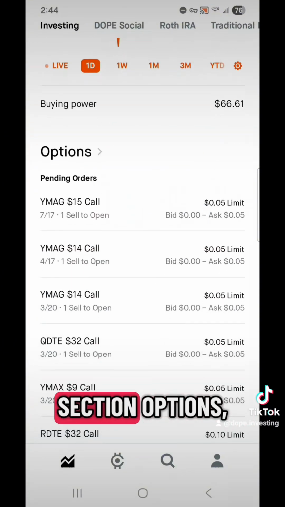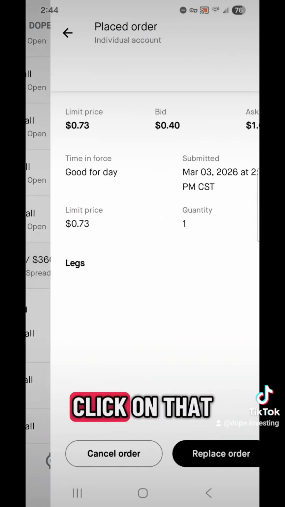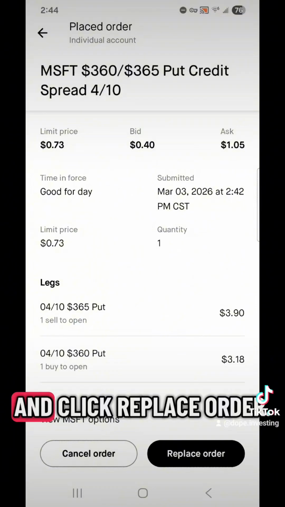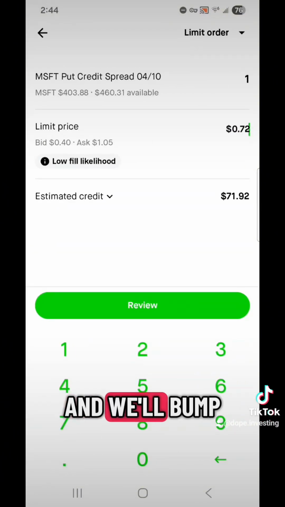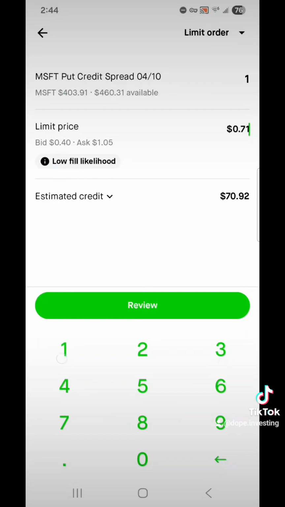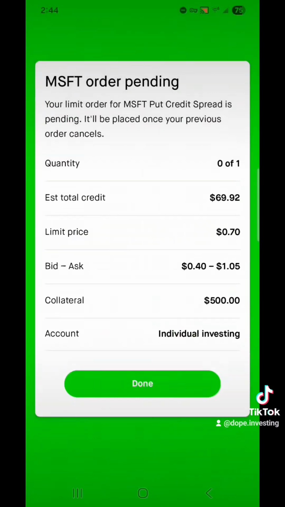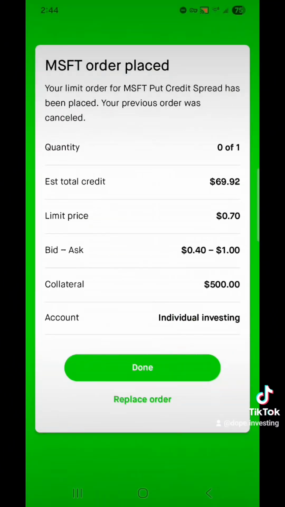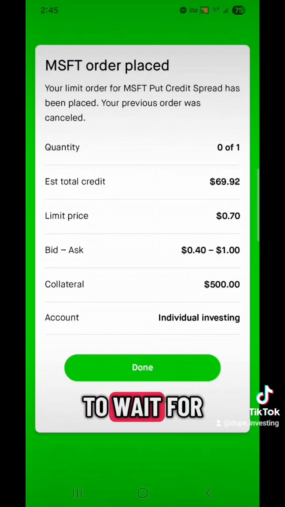So under the section options, you could find your credit spread, click on that, and click replace order. And we'll bump it down a little bit. Placed, and we still have to wait for it to get filled.